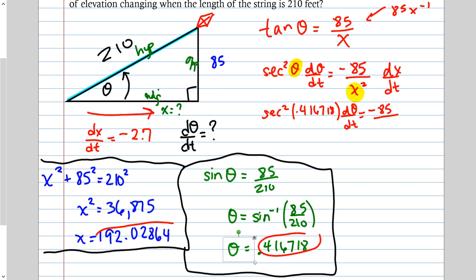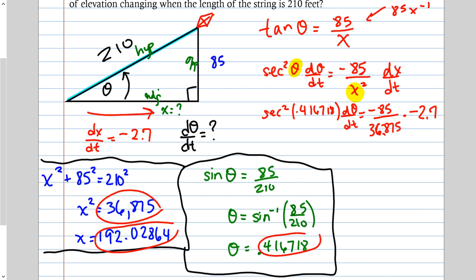X is this, but look, there's a square, right? So really, I can just go ahead and use this, 36875, times dx dt. Dx dt was negative 2.7.